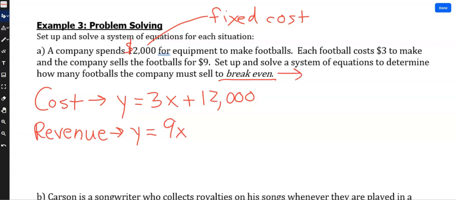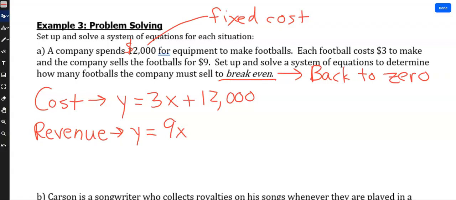That means back to zero. See, right now we're at negative 12,000. We literally spent $12,000 and we want to get from negative 12,000 back up to zero. And then we want to keep making more footballs after that and make more money.